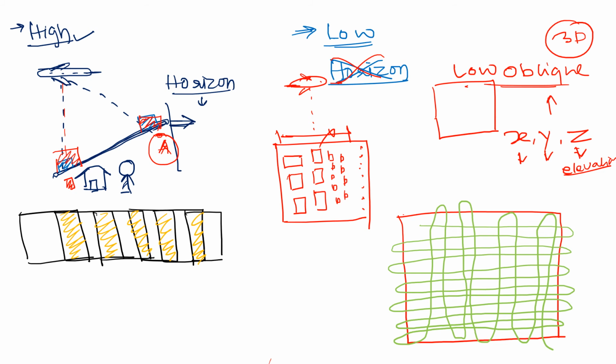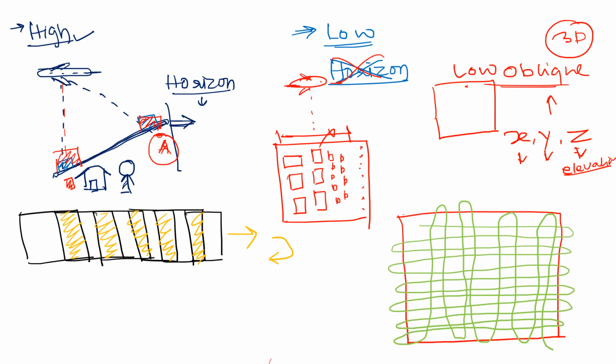There is something called side lap also. When the flight is moving in this direction and turns back, the capturing will take place by covering almost 30% of this area.